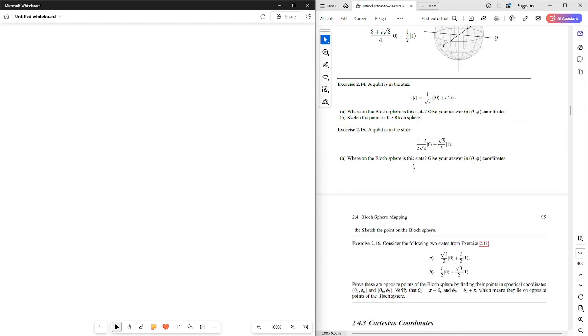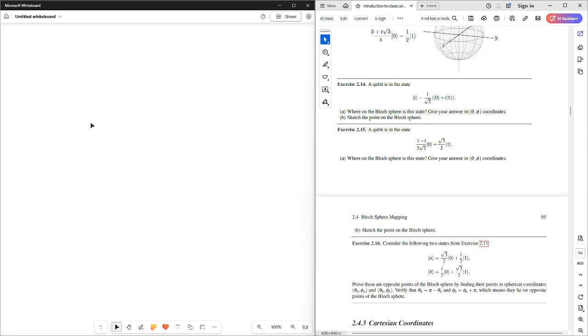So let's take a look at 2.14. We won't sketch it, but let's calculate theta and rho.